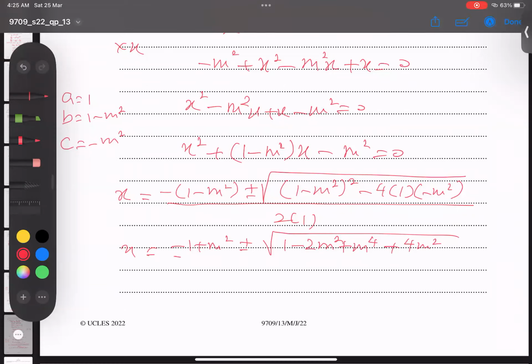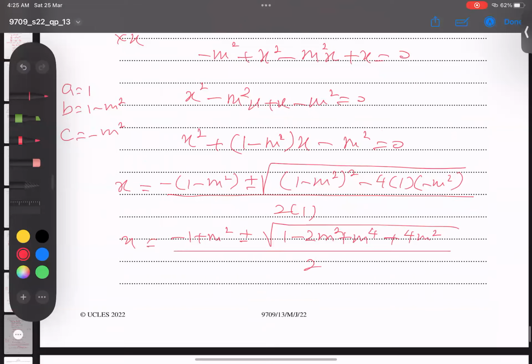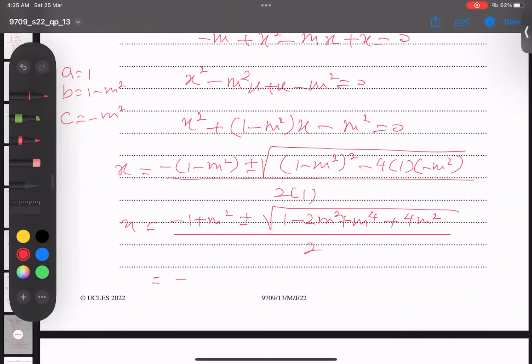Then divided by 2. I hope up till here we are getting it okay. For this 4 and this 2, I get 2m square. Sorry, I wrote out of order: m to power 4 plus 2m square plus 1 under the root.